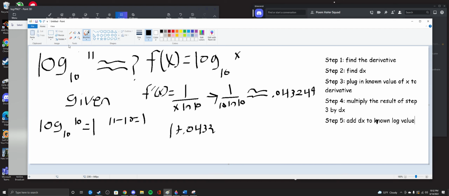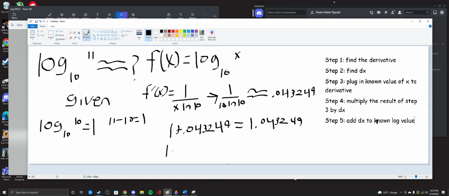0.043249. And that gets you 1.043249. I just wrote that wrong. So we get that, and that's the last step.